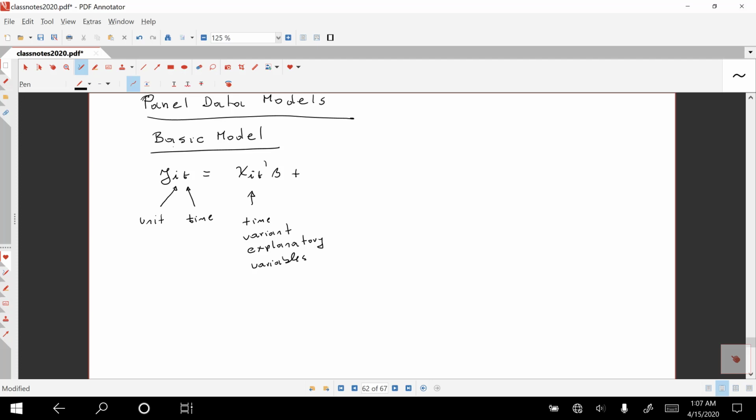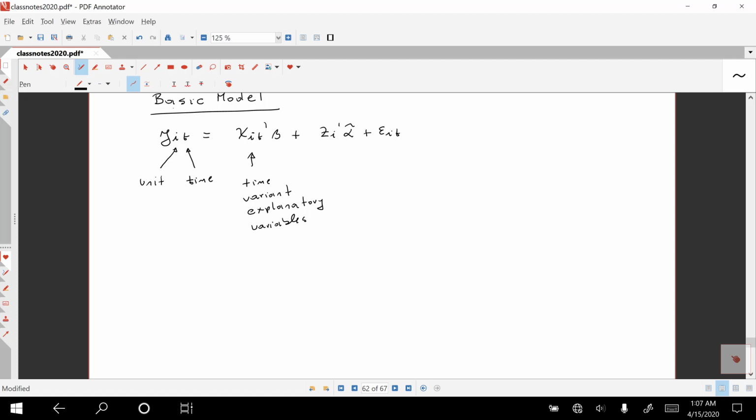And we also have a vector of time invariant explanatory variables, with a vector of coefficients that also has a tilde.